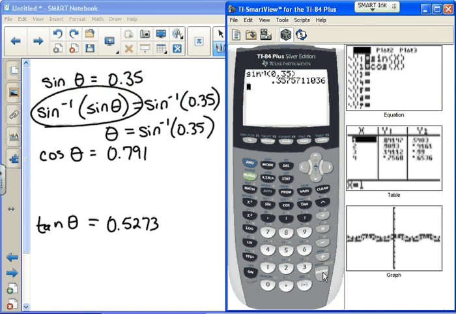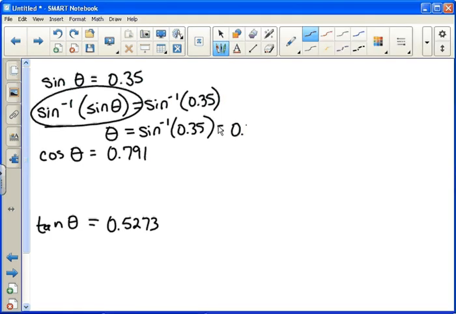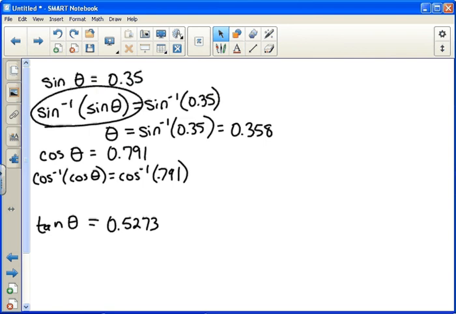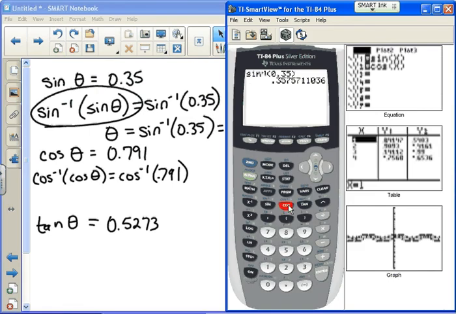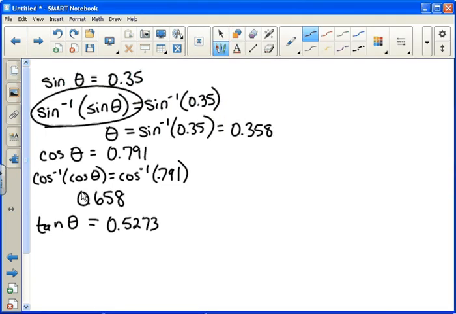For cosine, I need to take the inverse cosine of both sides, or arccosine. So I'll go to my calculator and do second cosine of 0.791, and I get 0.658. And then finally on this last one, we need to do the second tangent.